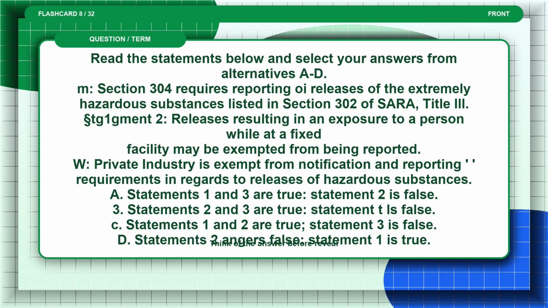Flashcard 8. Read the statements below and select your answers from the alternatives. 1. Section 304 requires reporting of releases of the extremely hazardous substances listed in Section 302 of SARA, Title III. 2. Releases resulting in an exposure to a person while at a fixed facility may be exempted from being reported. 3.